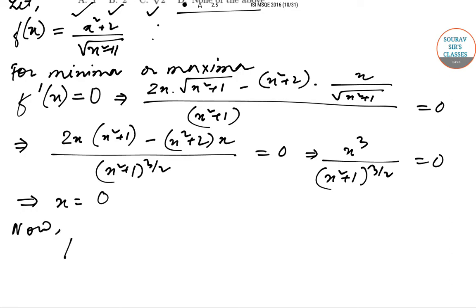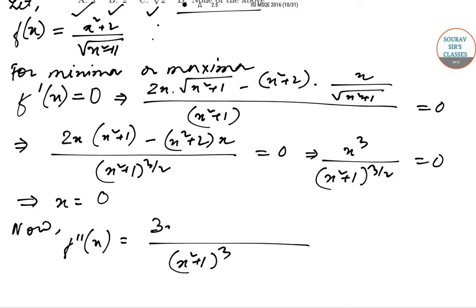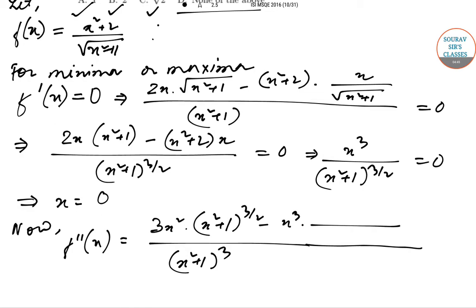Now f double dash x is given by, over x square plus 1 whole cube, 3x square into x square plus 1 to the power 3 by 2 minus x cube into 3 by 2 into x square plus 1 to the power half into twice x.